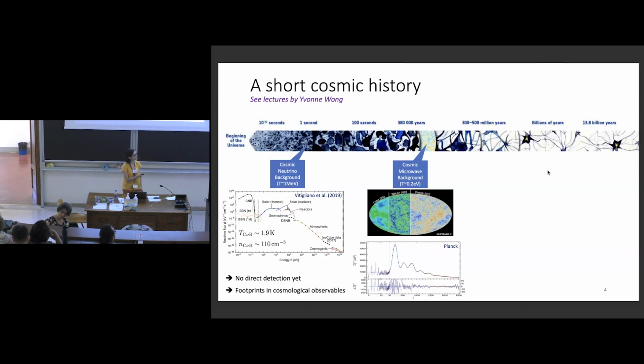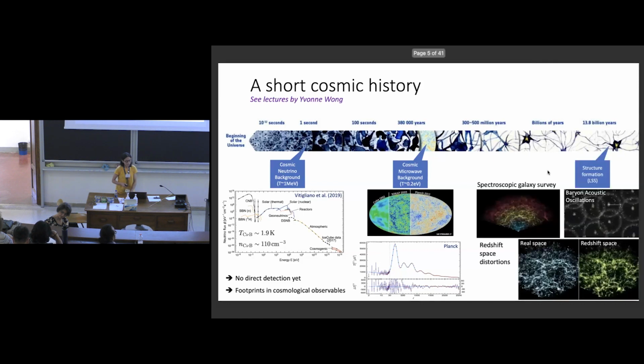The red points are the data from Planck, and the blue line is the Lambda CDM model, so the cosmological standard model, and you see that it almost perfectly fits the Planck data points. Then these small fluctuations are the seeds for the structure formation in the late universe, in the local universe.